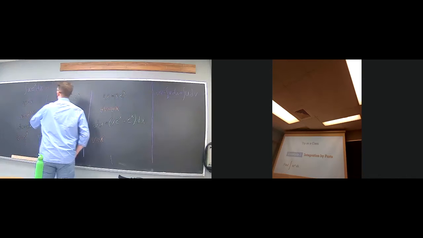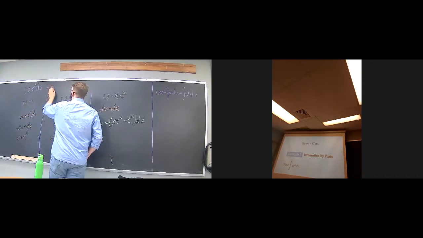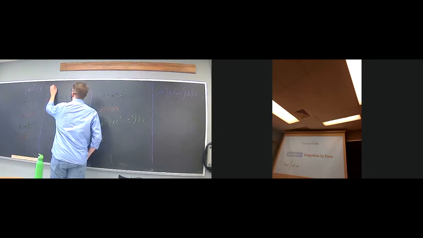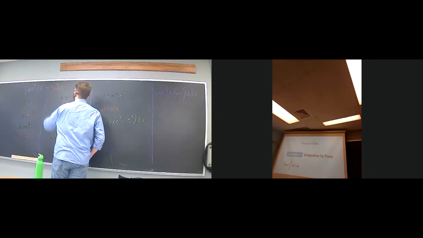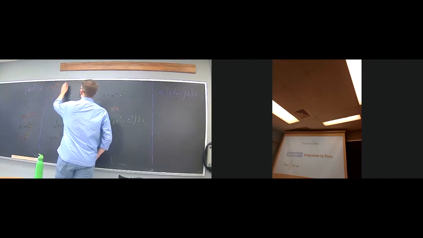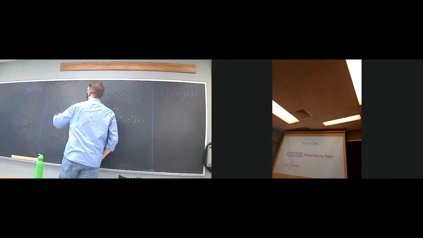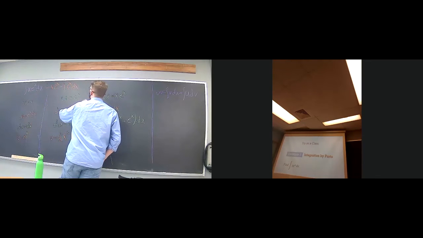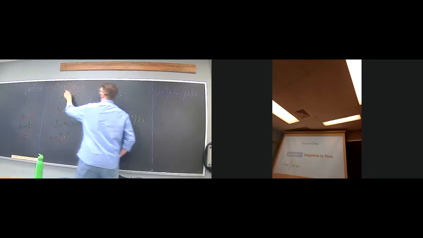What this tells us then is that plugging in u, we get x, right? Plugging in v, we get e to the x minus the integral of v du, which is e to the x dx. Well, this we can solve now, right?